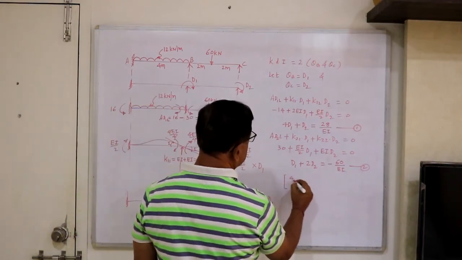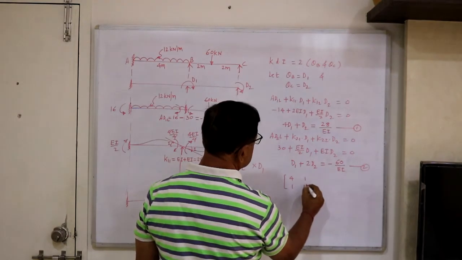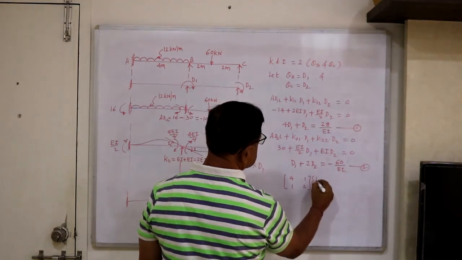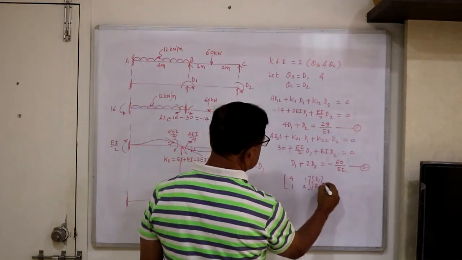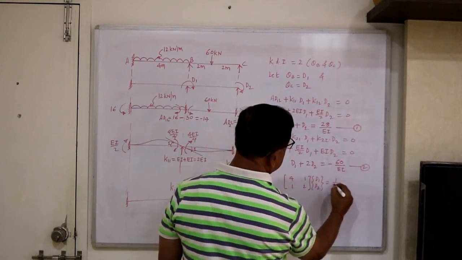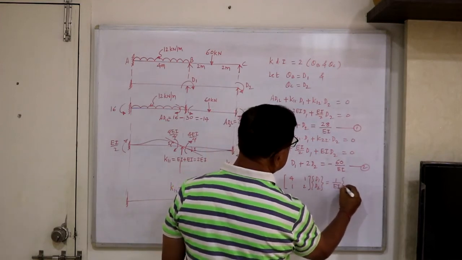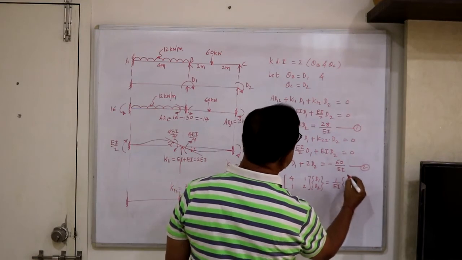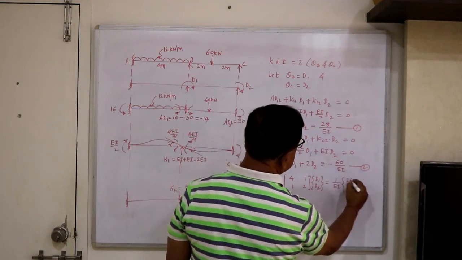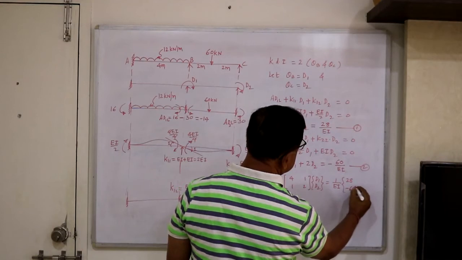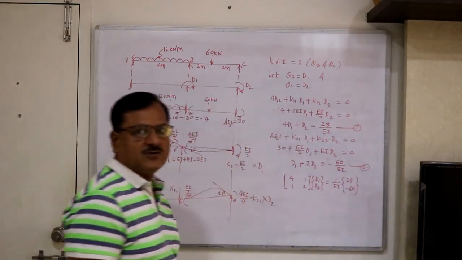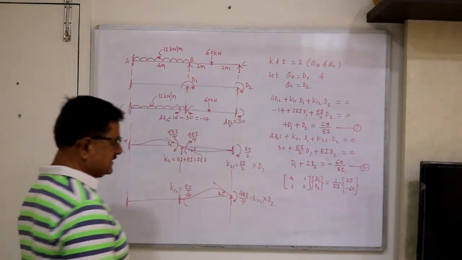So this is 4, 1, 1, 2. This is D1, D2 equal to, say take 1 upon EI outside, and what is left is 28 positive and this is minus 60. Now inverse we know for a 2 by 2 matrix how to calculate.